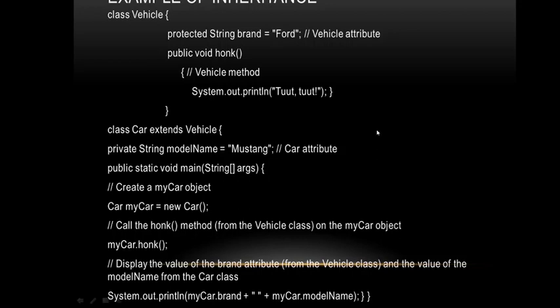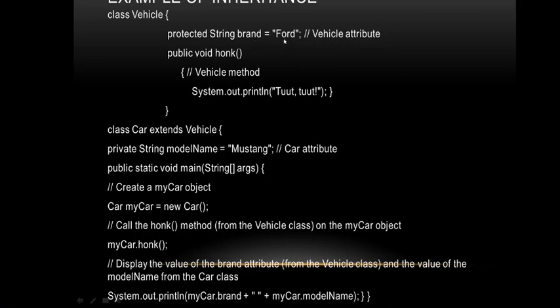We have an example here, an example of inheritance. Here again, we have created a class Vehicle with a member variable brand. Brand is string type, protected. We are coming to that classifier or modifier, protected, and we will discuss public, protected, and private class modifiers.